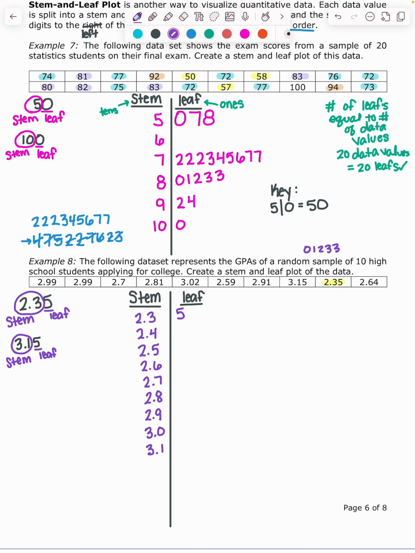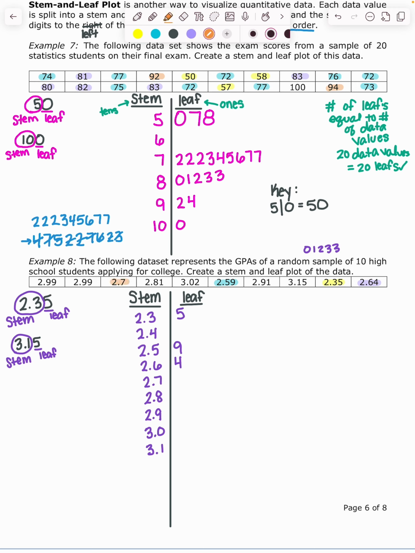I did see a 2.5 somewhere. 2.5. Any other 2.5s? No. So 2.59. 2.6. Yes. 2.64. 2.7.